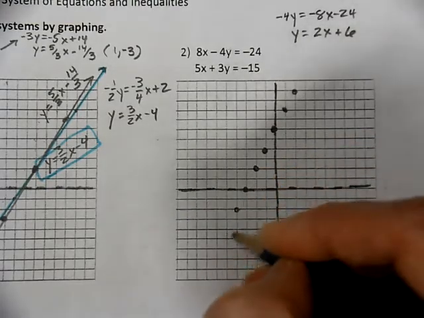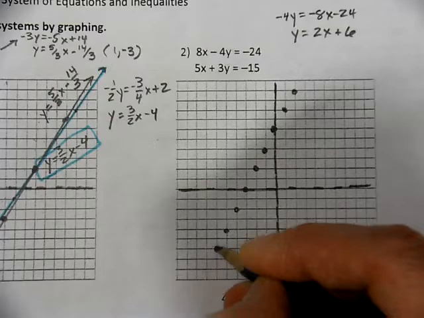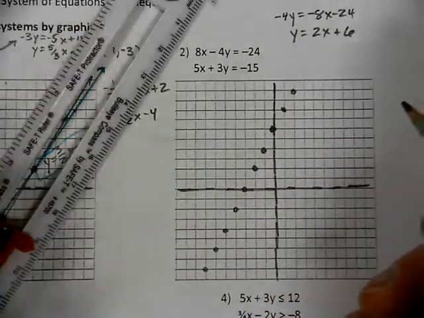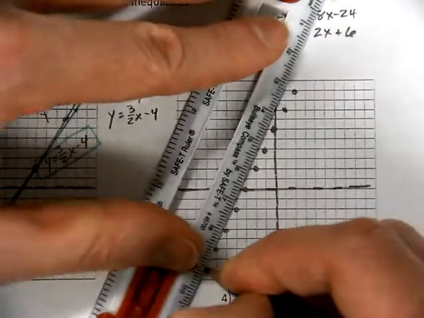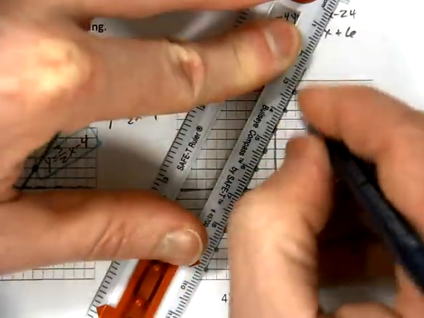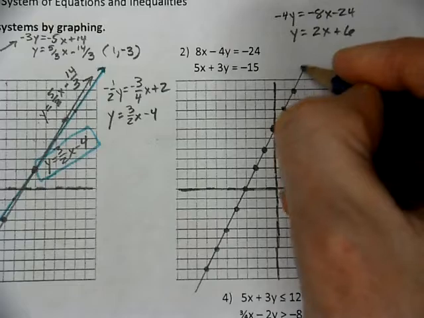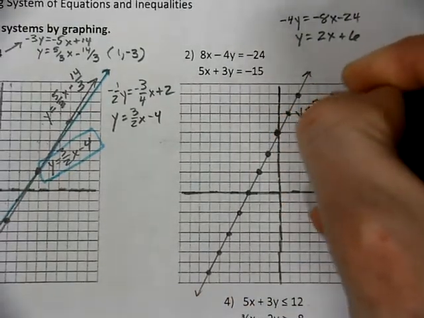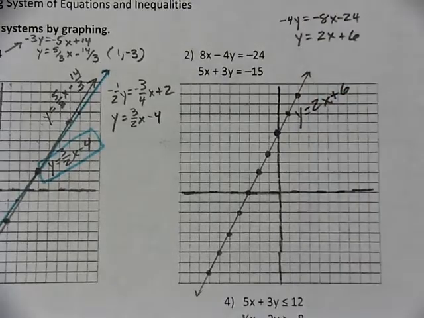So 2 over 1, 2 over 1. They're both positive numbers because that's a positive slope. Use your straight edge. And that's y equals 2x plus 6.